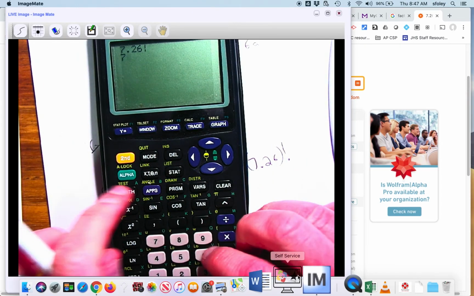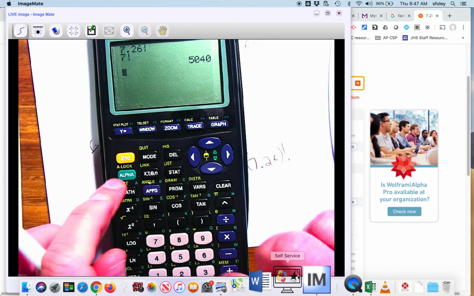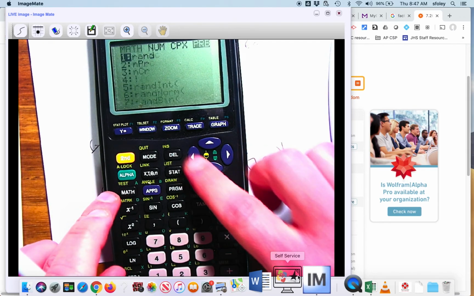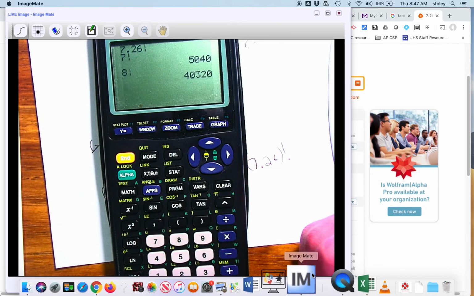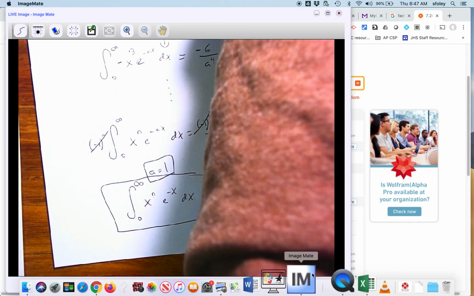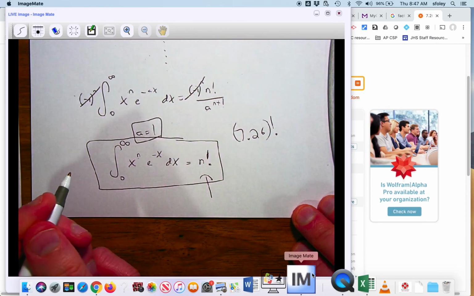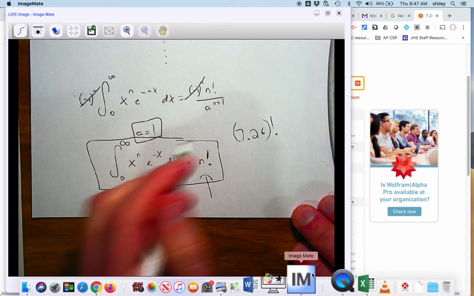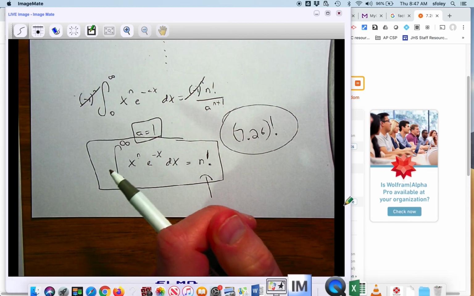This is in between 7 factorial and 8 factorial, as you would expect it to be, and a little closer to 7 factorial. So truly an amazing thing. This improper integral equal to factorial, which you wouldn't really expect. And even better, it allows us to extend factorial to decimals. Fun stuff.